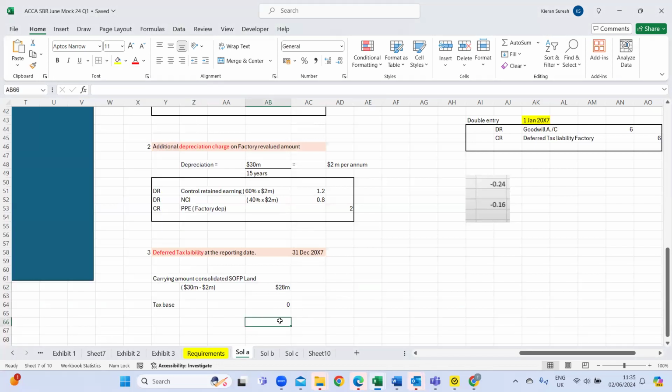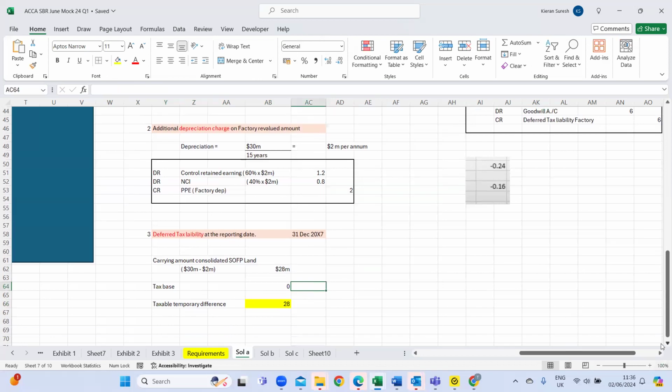So my taxable temporary difference is 28 minus 0, which is 28. This is the taxable temporary difference at the date of 31st of December 2017. We know the corporation tax rate we were given was 20%, right?